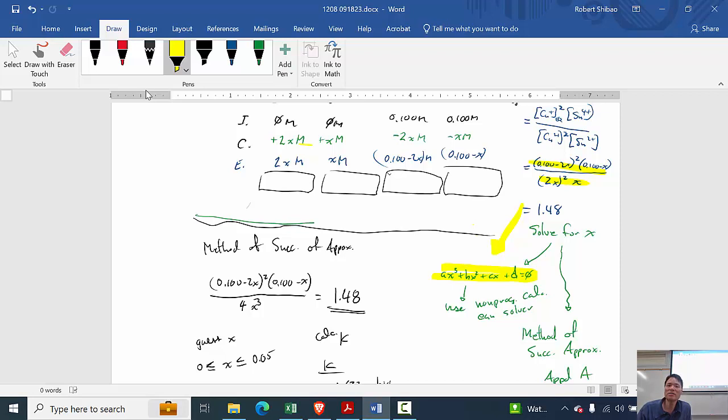So what is the biggest x value I can have that will keep this number positive? That would be 0.1 minus 0.1, so x has to be half of 0.1, which would be 0.05. Do you see that? So x cannot be greater than 0.05, because if it goes bigger than 0.05, then this is going to be more than 0.1, and it's going to go negative. And concentration can't go negative.